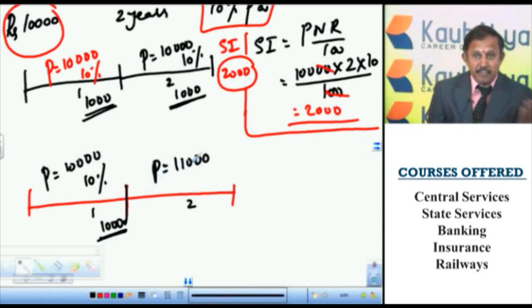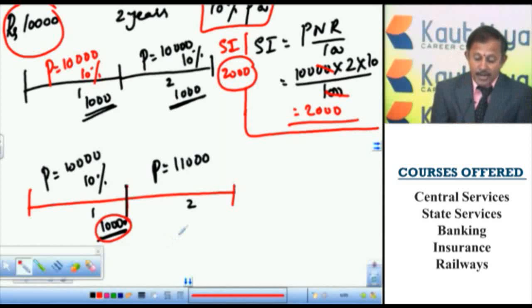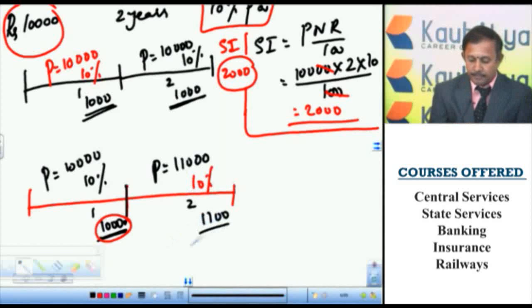So we have to settle the previous account at the end of every year. At the end of the first year, this interest 1,000 rupees is added to the principal value. So for the second year, the principal is 11,000 rupees. On 11,000, you charge 10%, which is equal to 1,100.